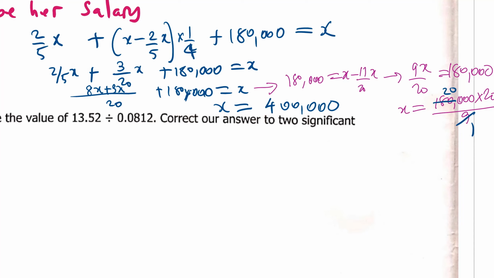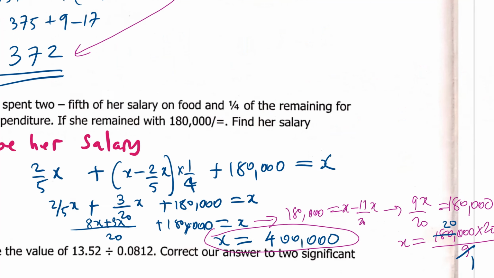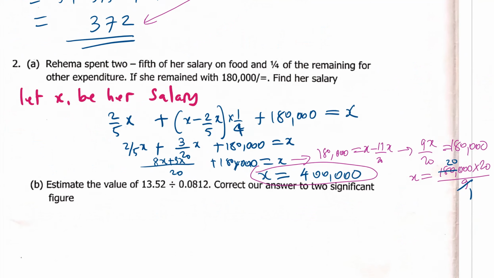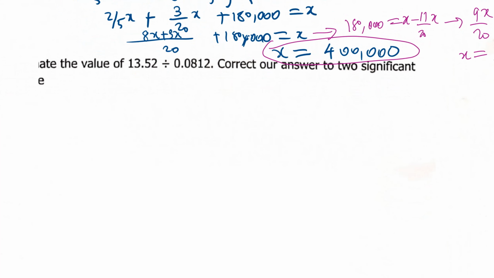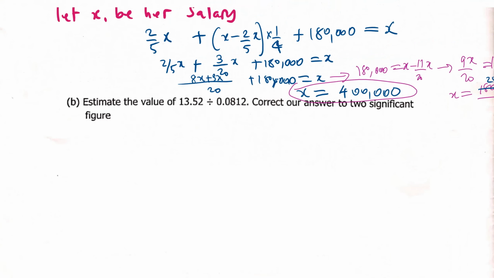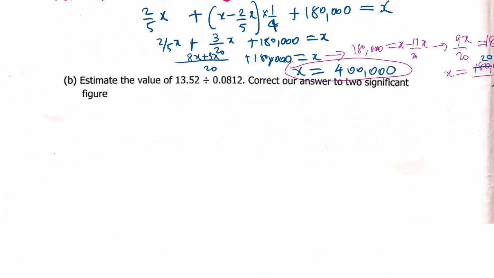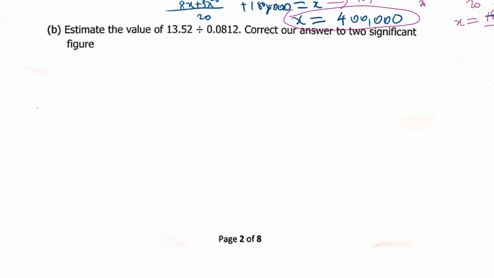So it means the salary of Rehema was 400,000 shilling. So that is question number 2A. We go to question number 2B.